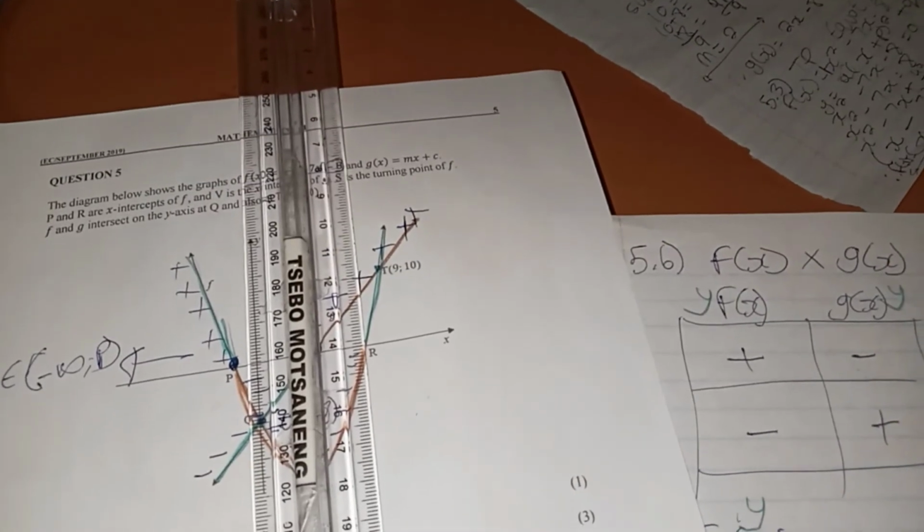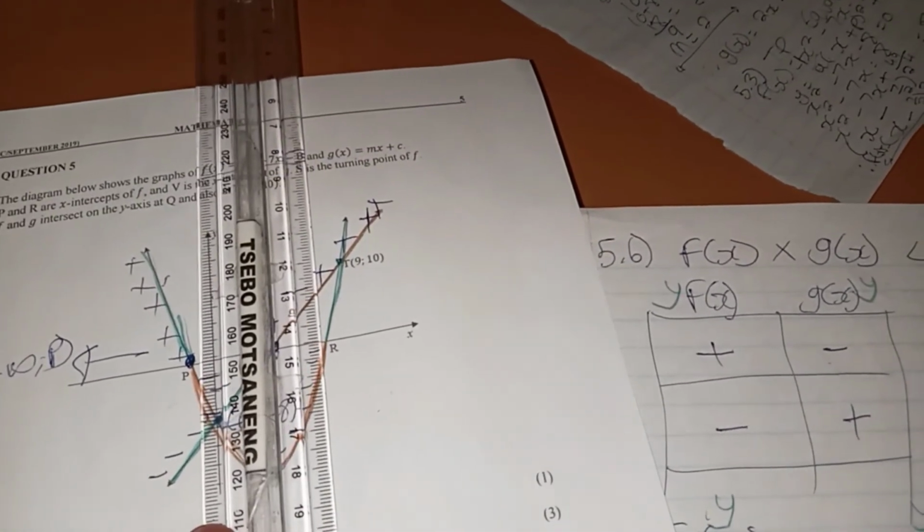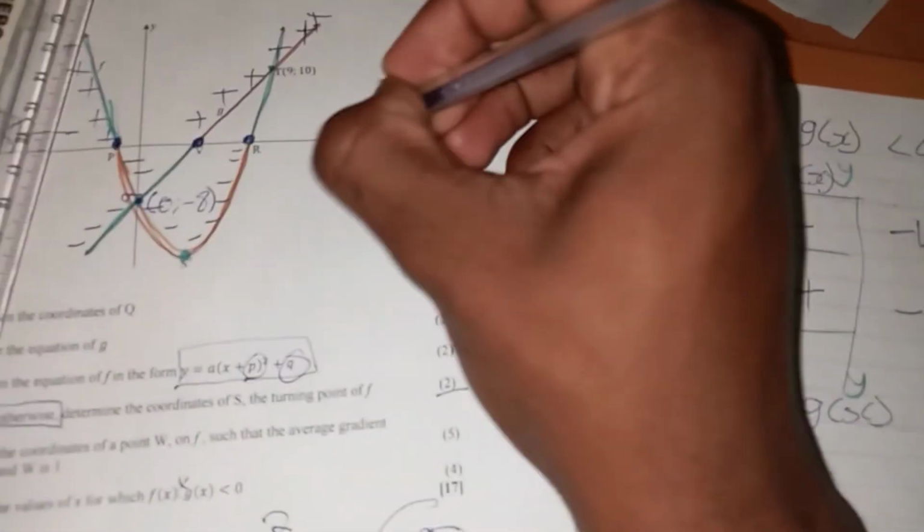Because from R, my values for f become positive, right? So from V until R, that's where I satisfy the second condition. So your answer will be something like x must be between R and V, right?